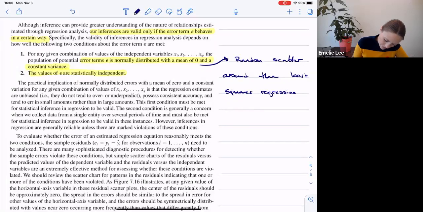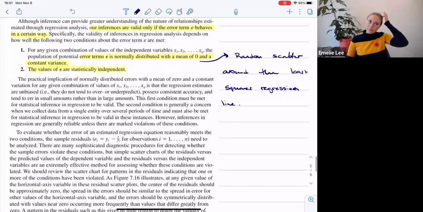And I guess it says that here: the regression estimates are unbiased, which means they don't tend to over or under predict.